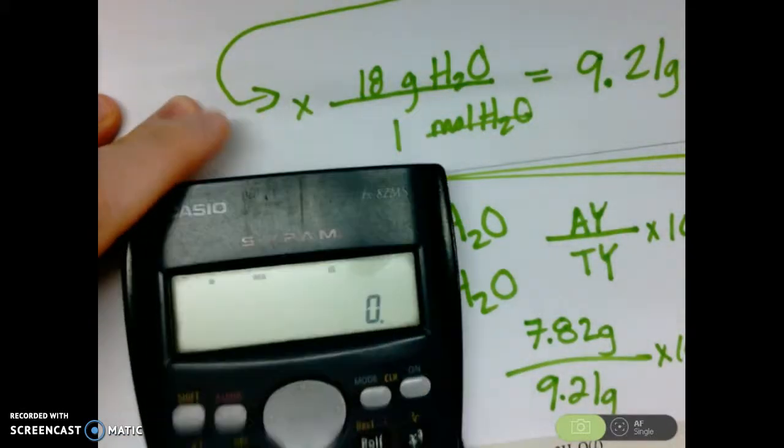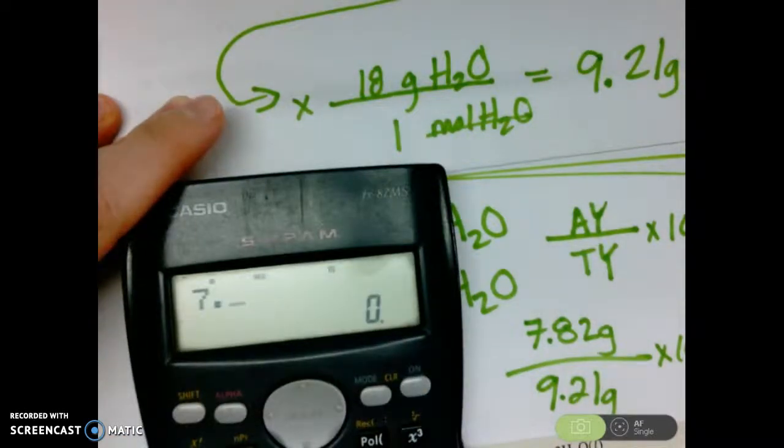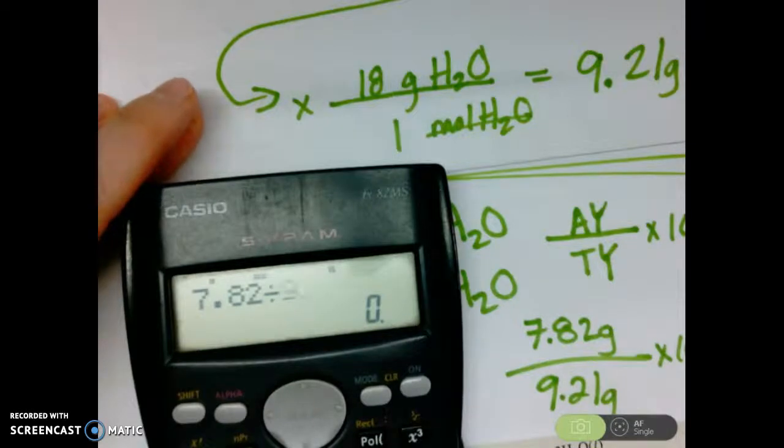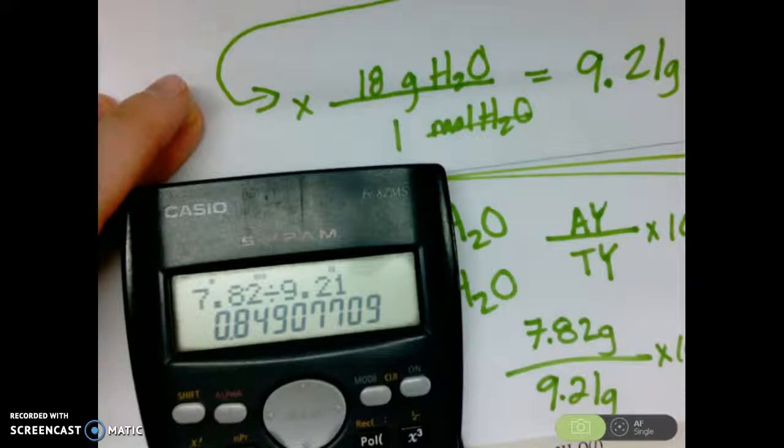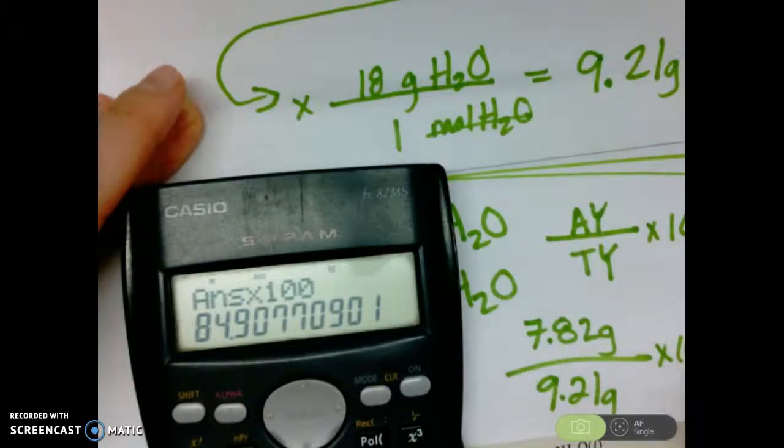So clear that answer, 7.82 divided by 9.21 equals 0.849, but we want to multiply that by 100, and our answer would be 84.91, or you could even round that to 85%. Okay, and so you would want to look for your answer on the test that is close to that.